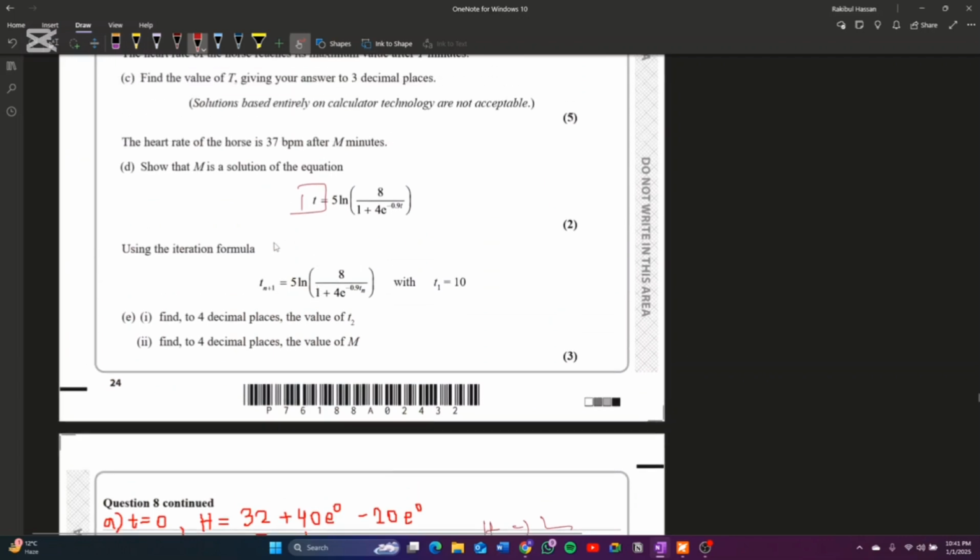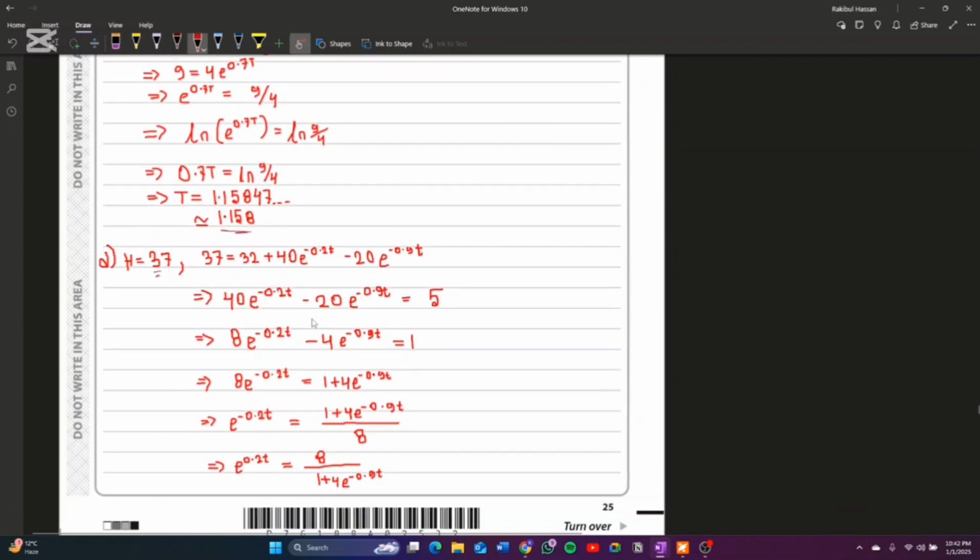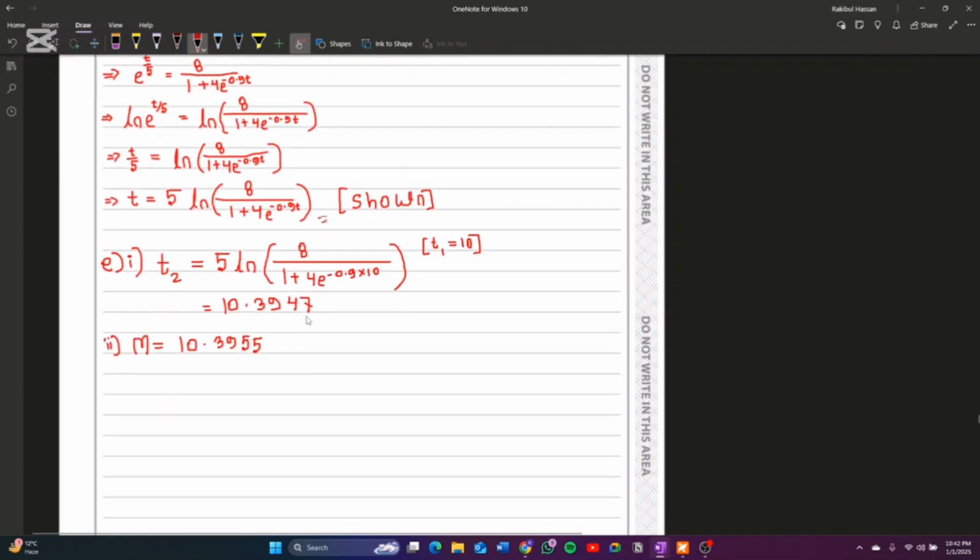Then E1: now we have iteration using the iteration formula. Find to 4 decimal places the value of T2. To find T2, we put the value of 10 into this equation, so T2 is 5 ln 8. We put the value of 10 in place of t and get this value.